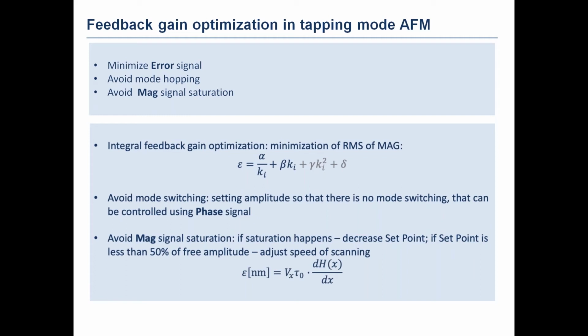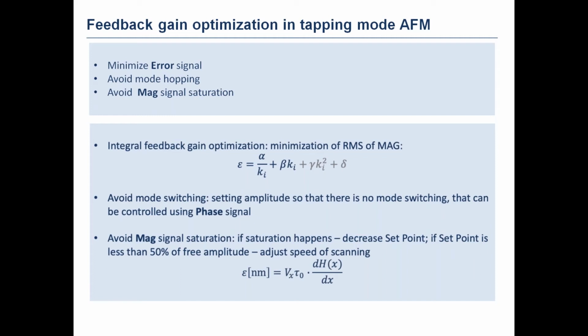If it happens, we have to decrease the set point, and if the set point is less than 50% of the free amplitude, the simple equation that we got on the previous slide shows us that we need to adjust the speed of scanning, just to decrease the velocity.